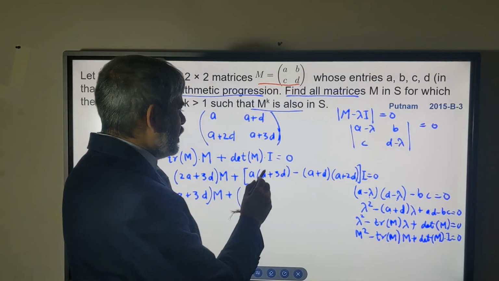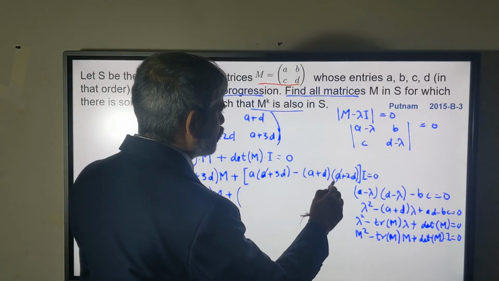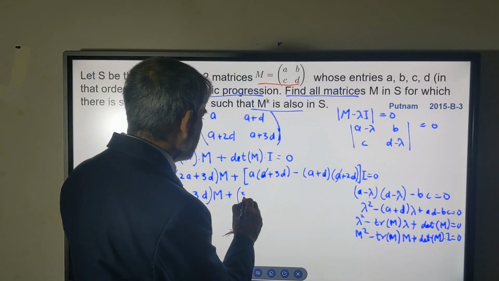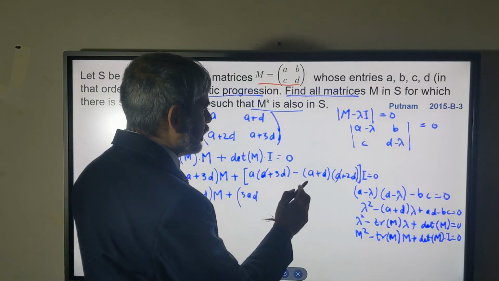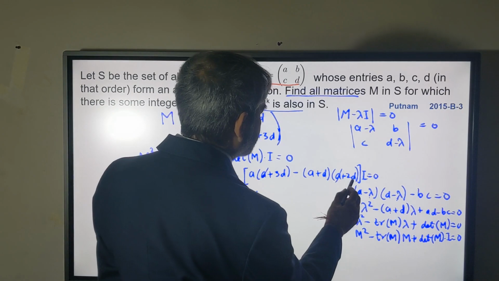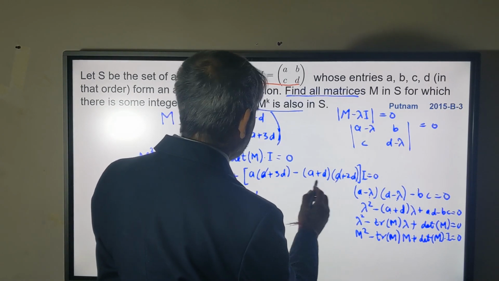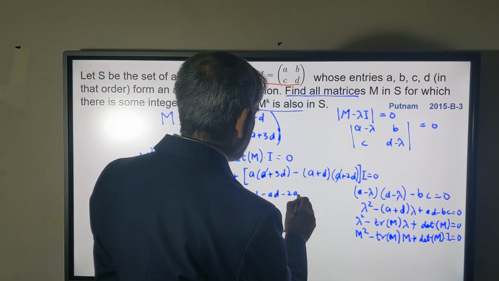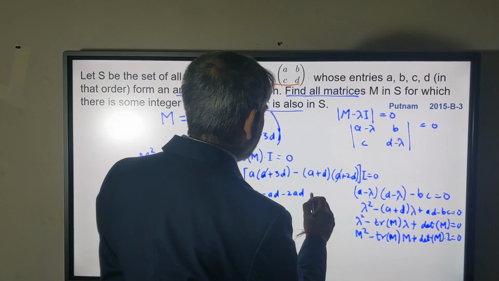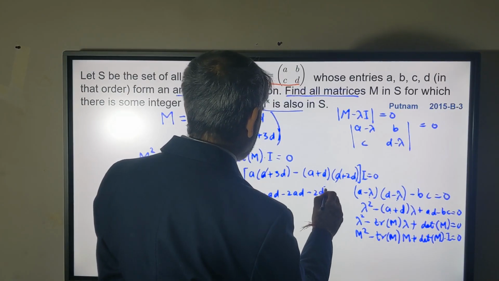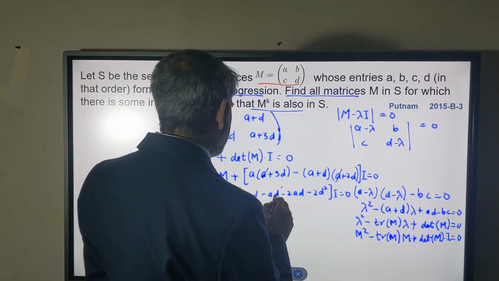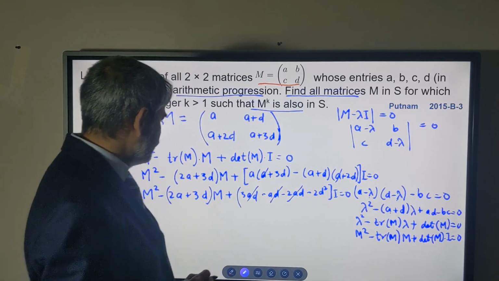So we have a square here and then a square here, they get cancelled out, 3ad, and then we have minus 2ad and minus 2ad. So this is, and then we will have minus 2d square times of I equal to 0, and this 3ad term cancels.